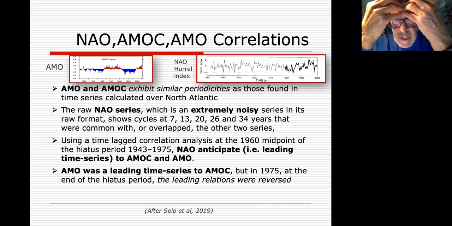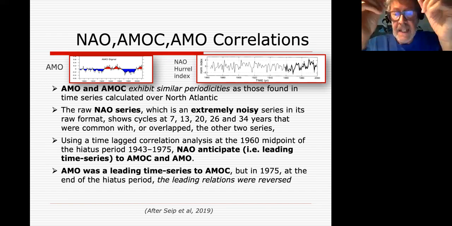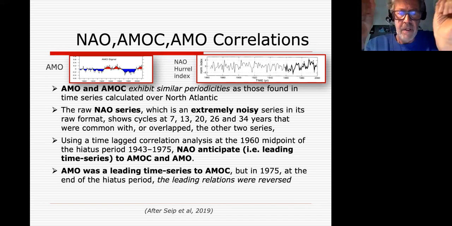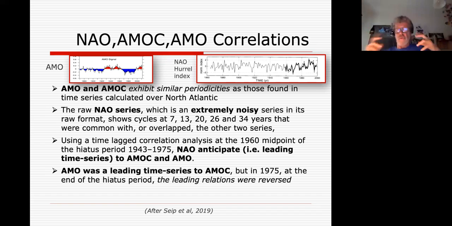And it's been seen that NAO is the leading time series to AMOC and AMO. This should suggest that NAO could explain, mechanically or dynamically explain, the variability of AMOC as an atmospheric forcing that changes and conveys the variability into the surface ocean.